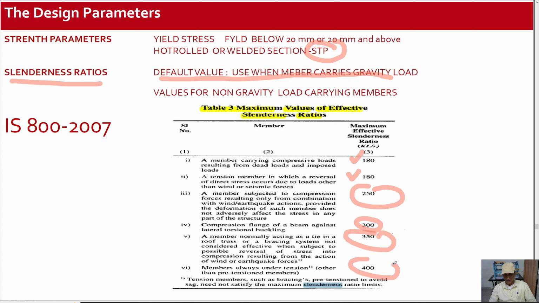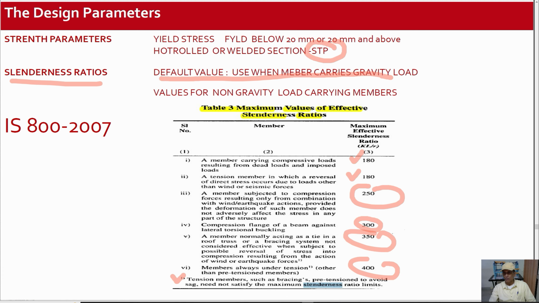Then tension member, and for pre-tension member, that is usually which are always in tension, like rod bracing, there is no predefined slenderness ratio requirement, so you can bypass the slenderness checking requirement by providing a bypass command in STAAD Pro. That is -1. I'll show it when we apply the slenderness ratio factor in STAAD Pro.